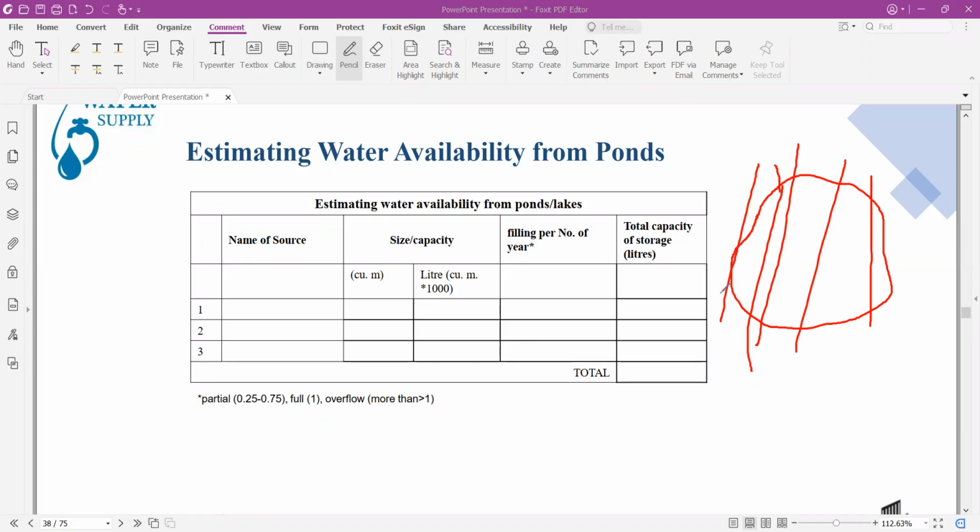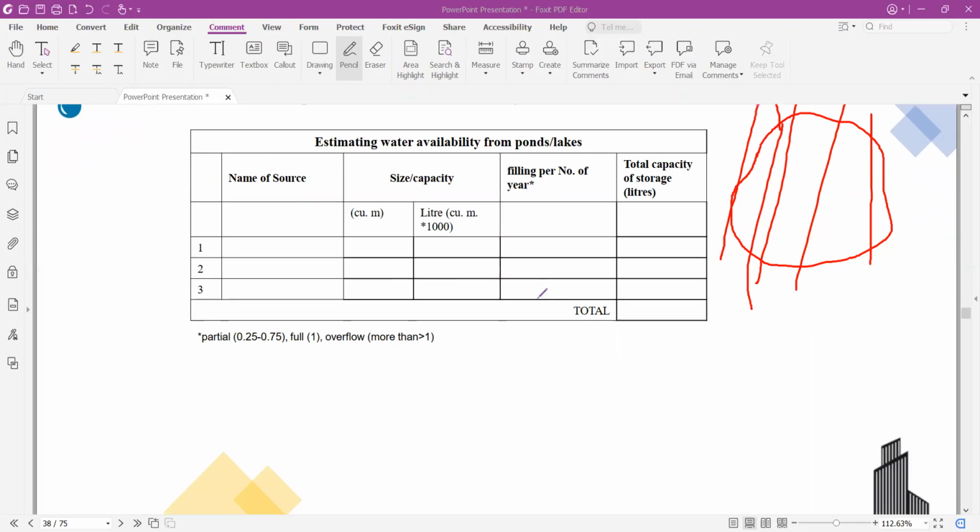Okay. So after finding the area of a pond, we can calculate the depth of that pond. By multiplying the area with the depth, we can calculate the volume capacity of the pond. After finding the volume capacity, we then calculate the availability of water based on whether the pond is full throughout the year, or half full throughout the year.